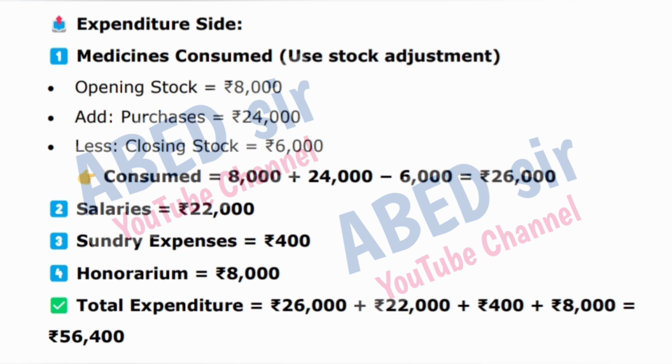Salaries is equal to 22,000 rupees. 3. Sundry expenses is equal to 400 rupees. 4. Honorarium is equal to 8,000 rupees. Total expenditure is equal to 26,000 rupees plus 22,000 rupees plus 400 rupees plus 8,000 rupees is equal to 56,400 rupees.